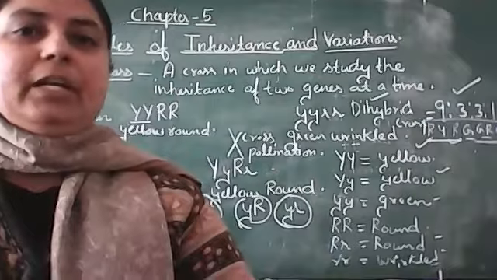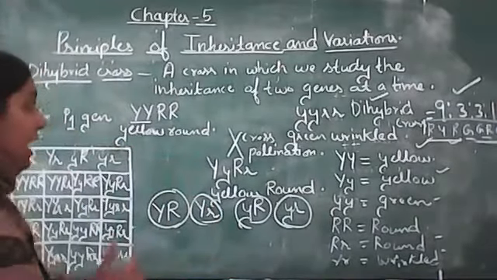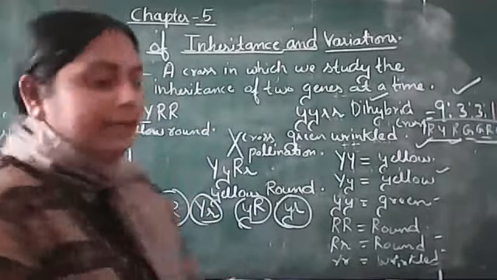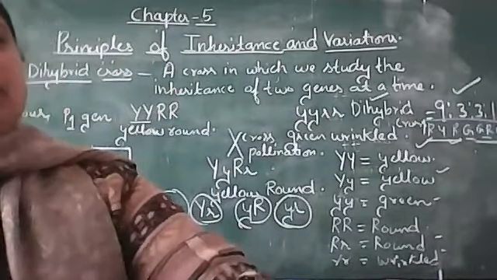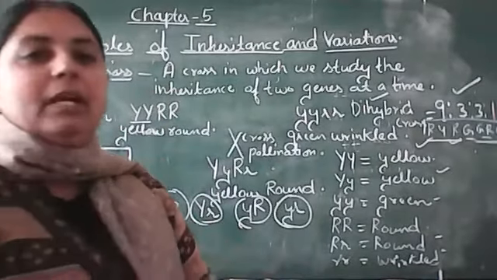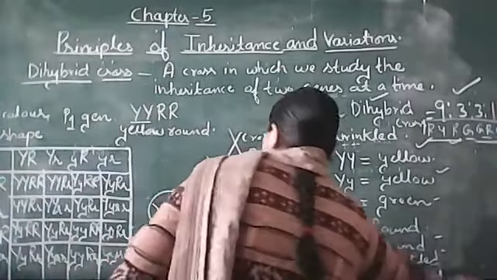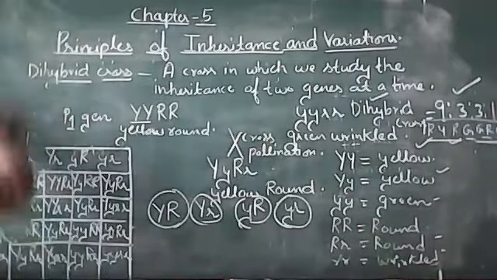So always remember, in a dihybrid cross, we have a 9:3:3:1 type of ratio, which is a common, or you can say typical, dihybrid ratio. So this is all about the dihybrid cross.